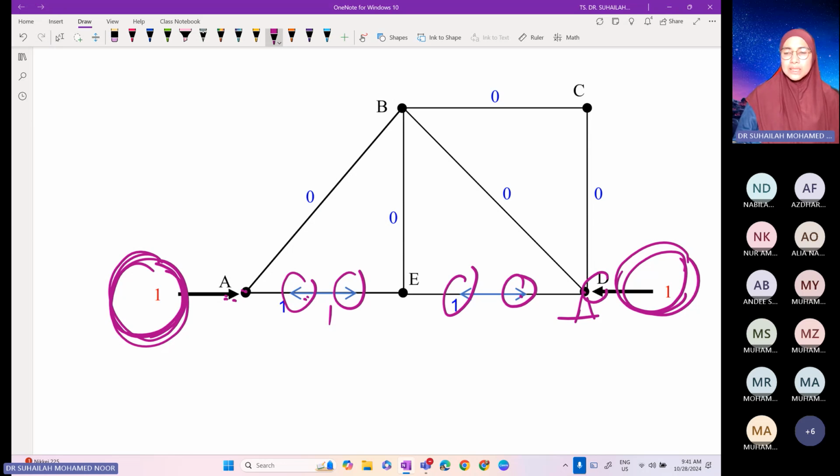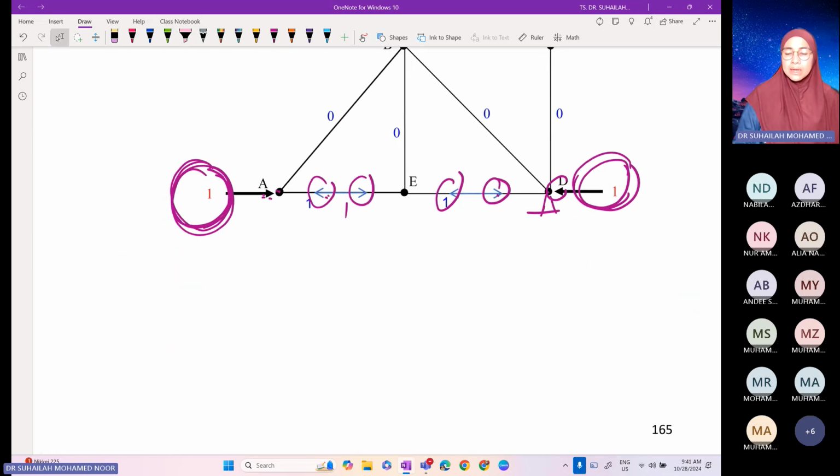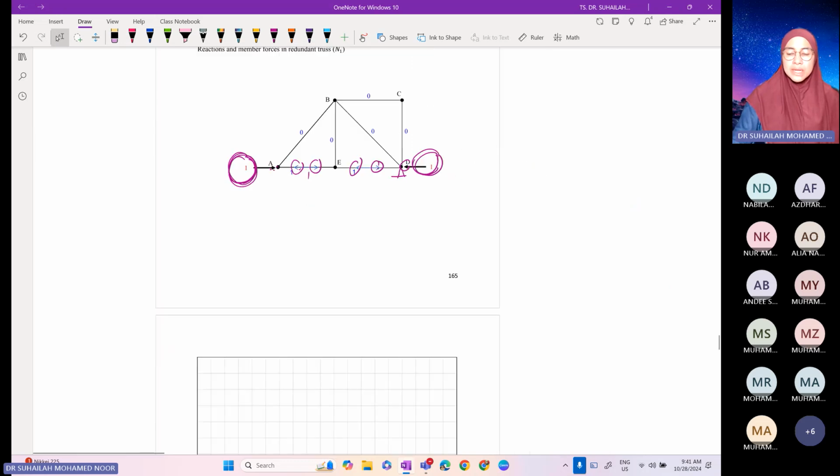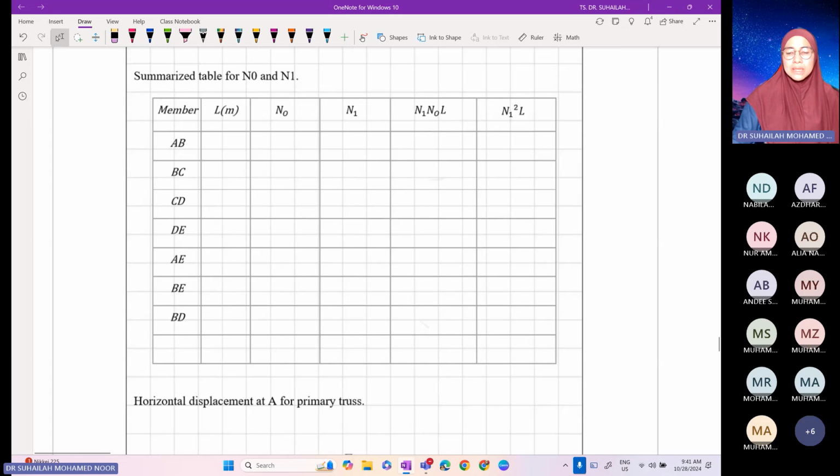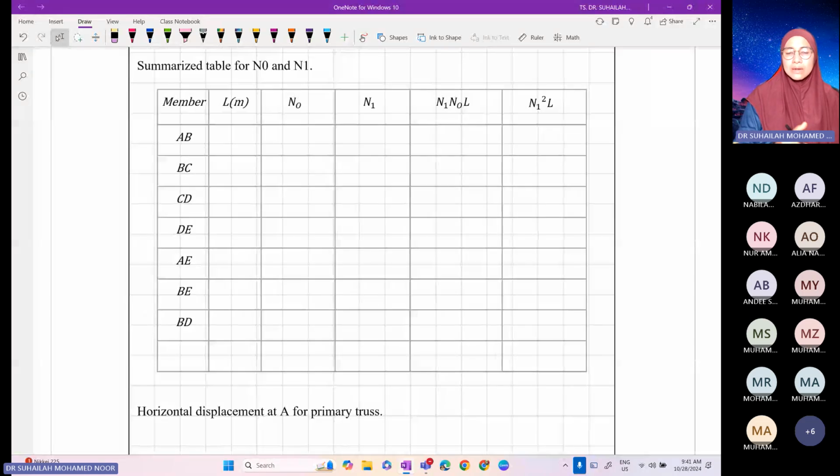Yang mana yang datang daripada horizontal, vertical reaction semua akan jadi zero. So incline semua zero. Okay, so ini dua member je yang ada value. So dah dapat N1. N1 akan datang dari AE dan juga DE only. So semua ni kita masukkan dalam table. Table akan listkan all members.